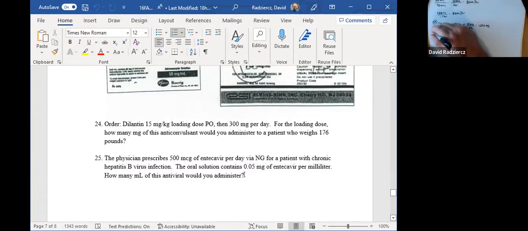So I'm going to just write down some of the important stuff. 500 micrograms is your order. Your available is the 0.05 milligrams per milliliter.